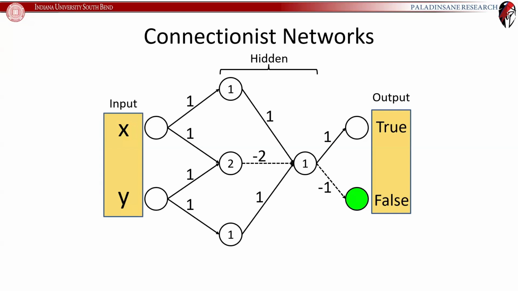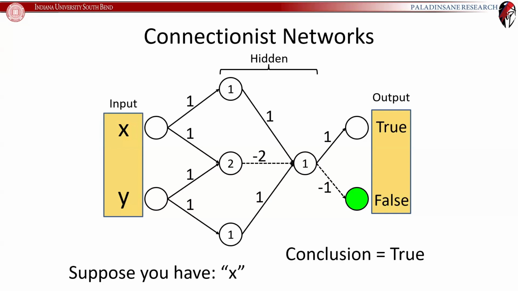So we are now ready to see how this representation would actually solve the X or Y exclusive disjunction problem. Let's suppose that you have X, and we know that the conclusion to that should be true. So will this connectionist network give us that output? Will it change its output from false to true?